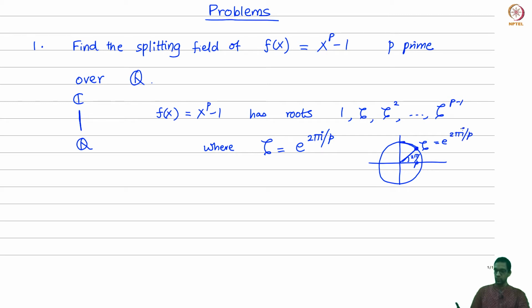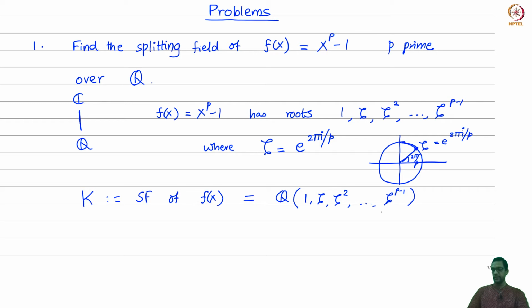Okay, so these are the roots, and then how is the splitting field itself formed? Recall, let K denote the splitting field, which I abbreviate to SF. The splitting field of f of x is, well, take Q and you adjoin to it all the roots of this polynomial: 1, zeta, zeta square till zeta to the p minus 1.